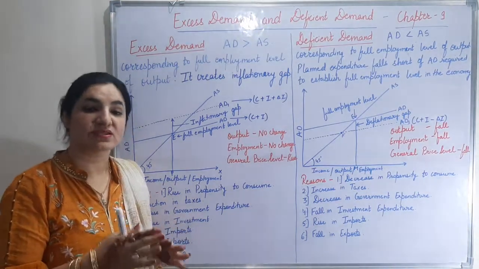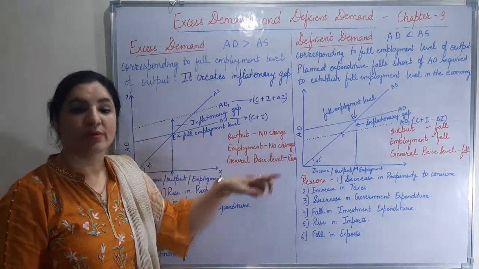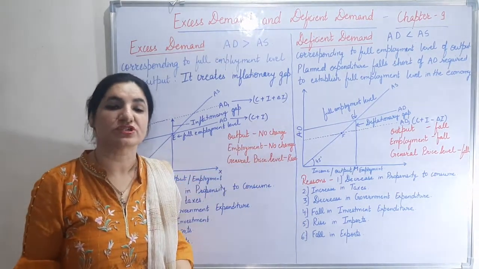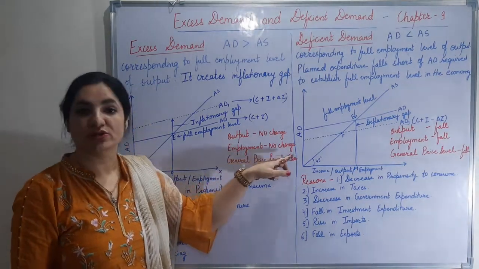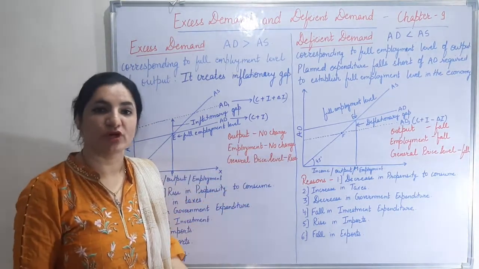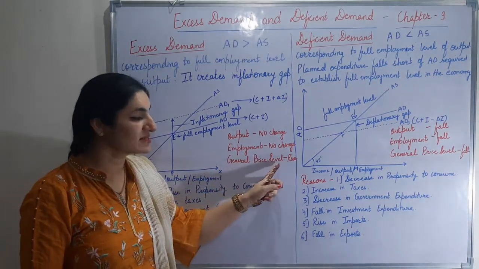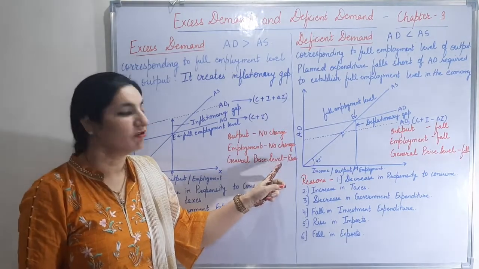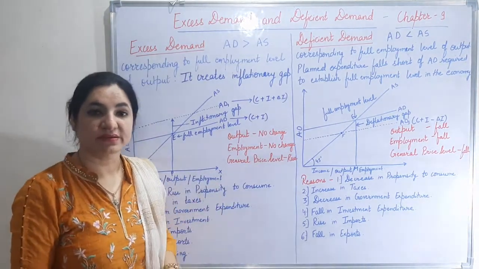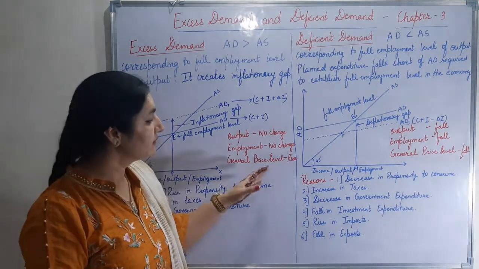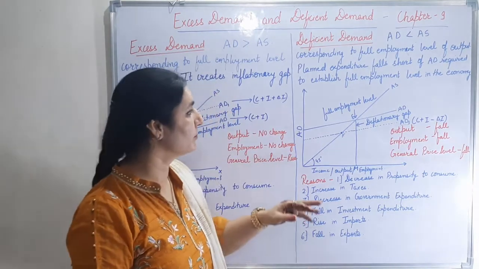But as there is no idle capacity, the output will not change because firms are not in position to produce more. Employment level will also not change because already the full employment level has been arrived. But the general price level, that is inflation, will rise because of excess demand. This is actually the undesirable situation in the economy.